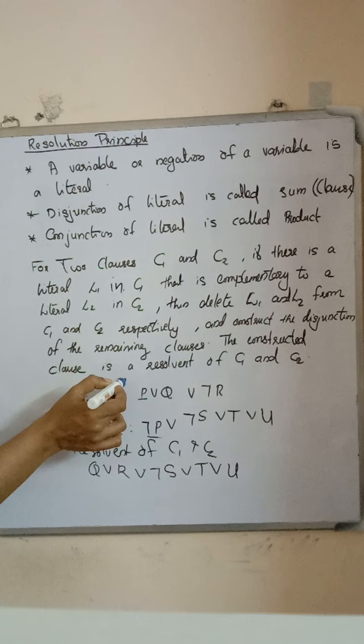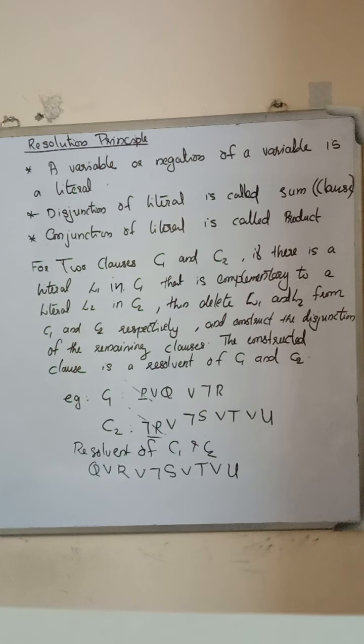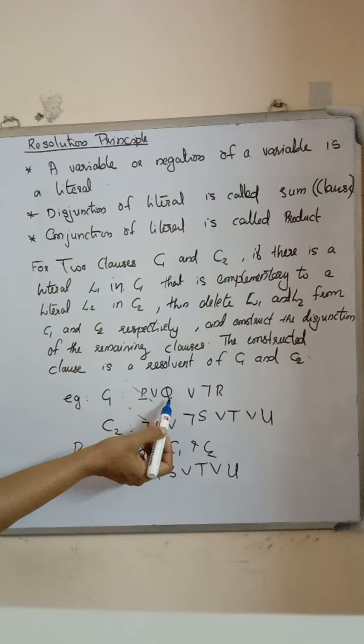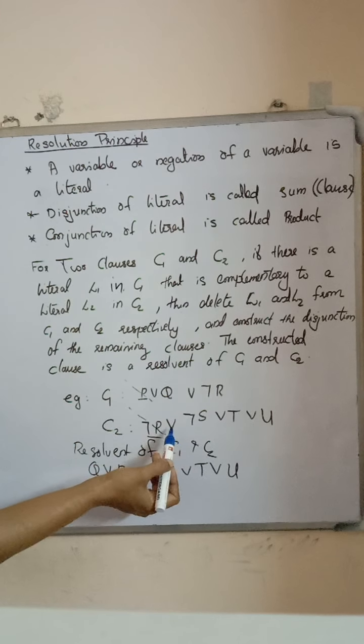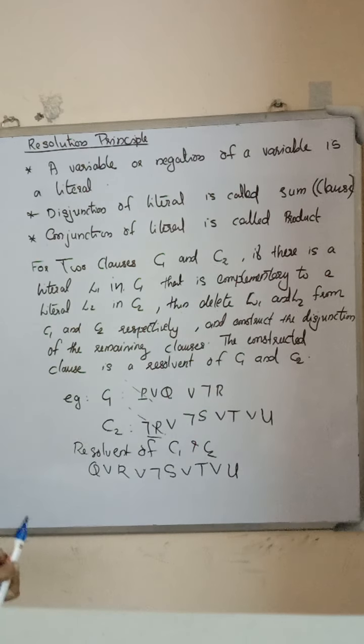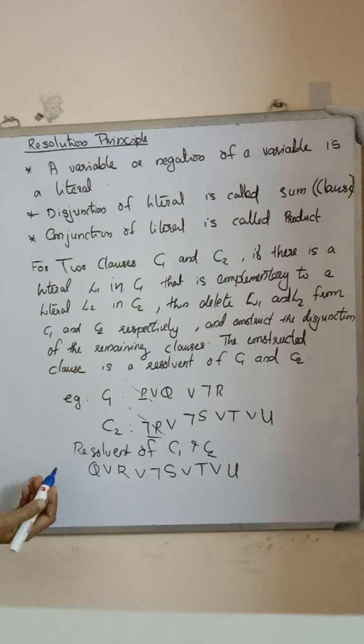So we delete P and negation P from C1 and C2, and the resolvent is Q or negation R or negation S or T or U. That is, by deleting P and negation P and arranging the remaining literals, we get the resolvent of C1 and C2.